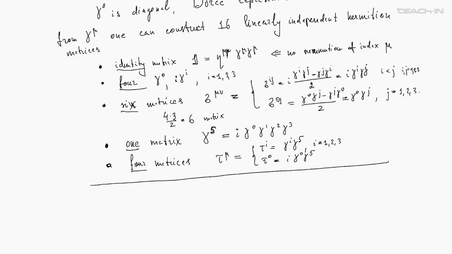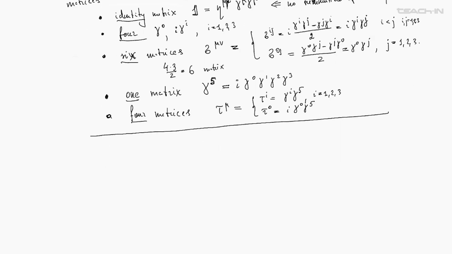Let me also note that this gamma 5 we have introduced satisfies the property that if you take its square, you obtain the identity matrix. And as I said, it is Hermitian.